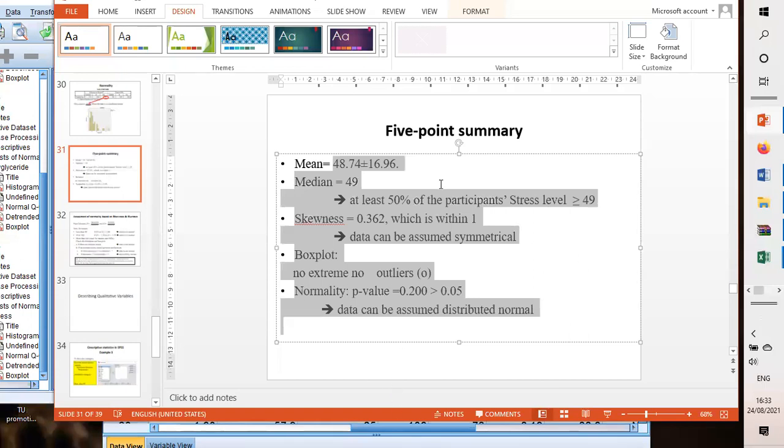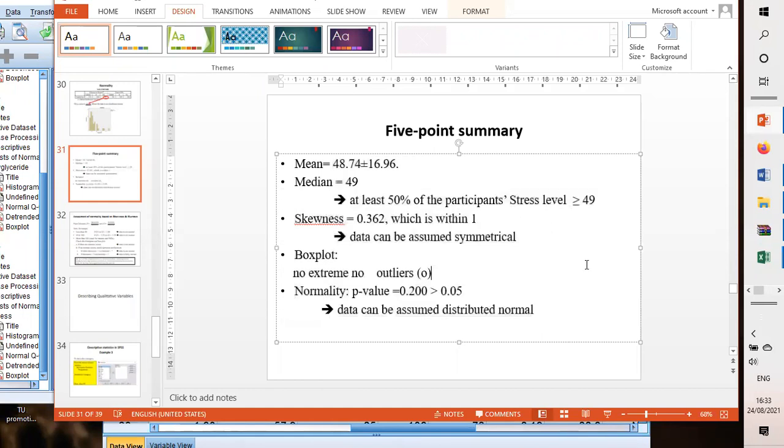If the stress level is more than 50, that's considered serious, you must do something. At least 50% are stressed, and 49 is not far from 50, so something must be done.